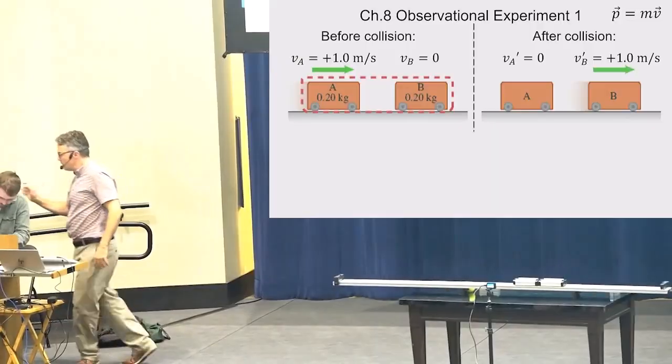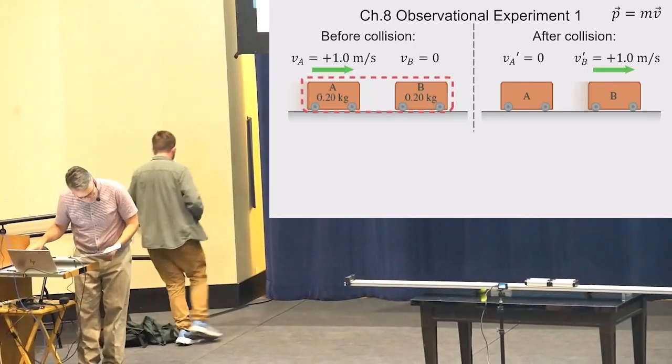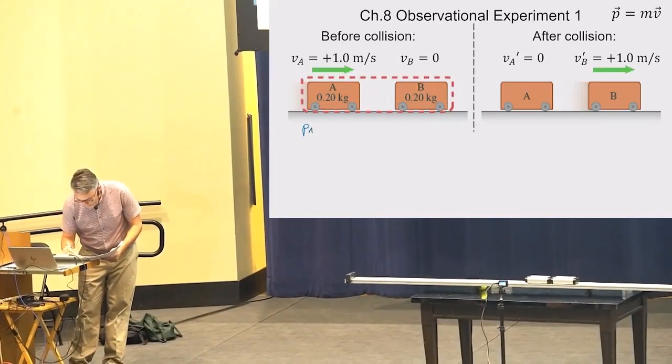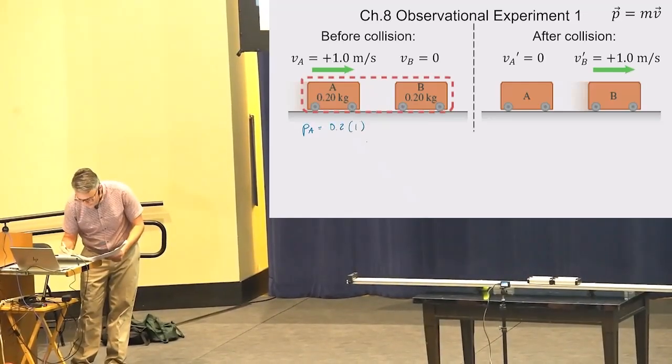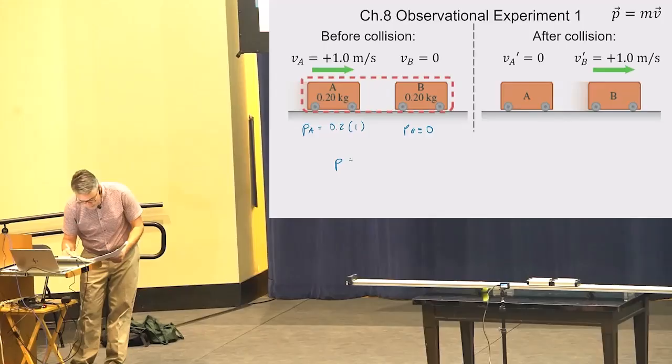So I do want to work out the math and try to show you that there's a conservation of momentum here that we observationally show. So PA here is equal to 0.2, the mass, times 1 meter per second. And then PB was at rest, so that's 0. So the total P is equal to plus 0.2 kilogram meters per second.